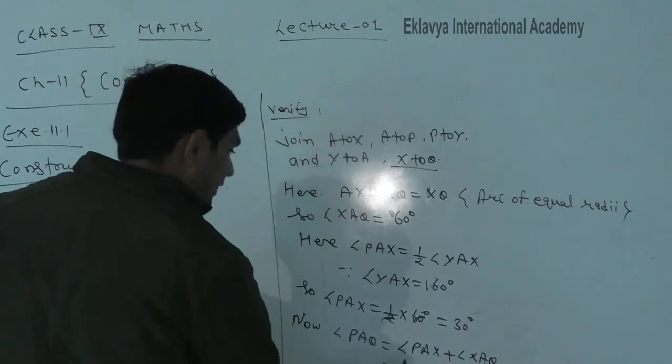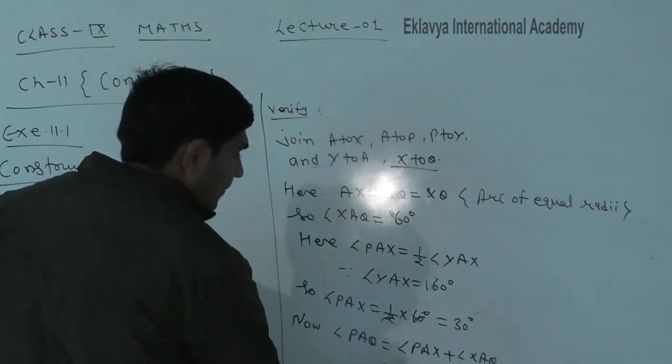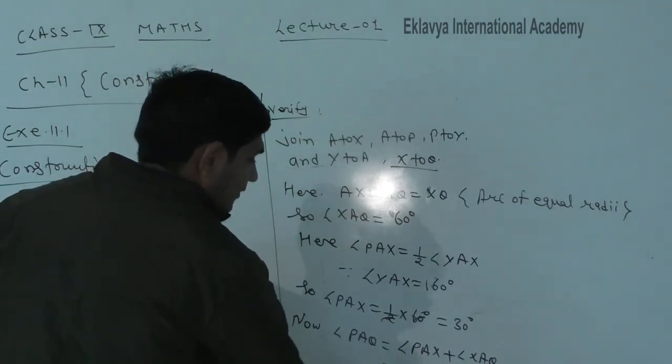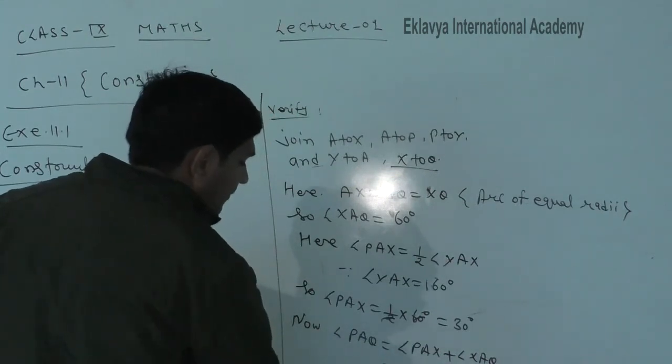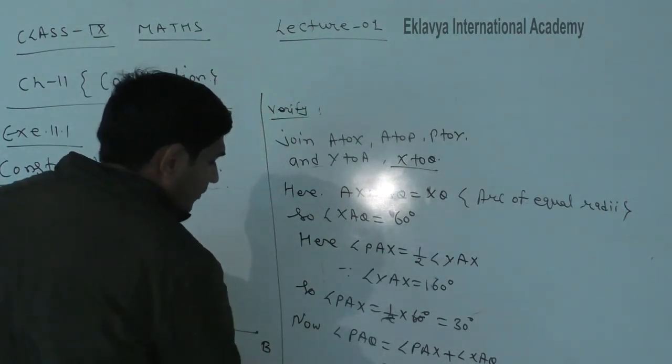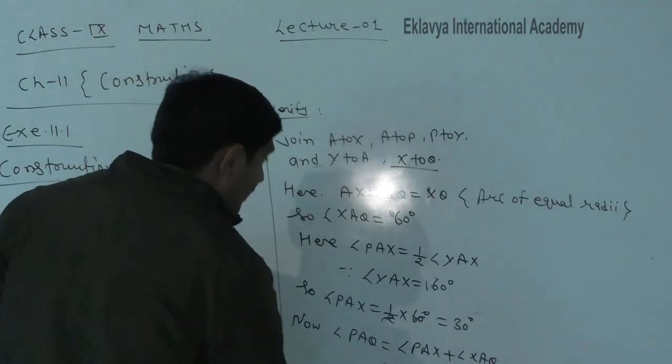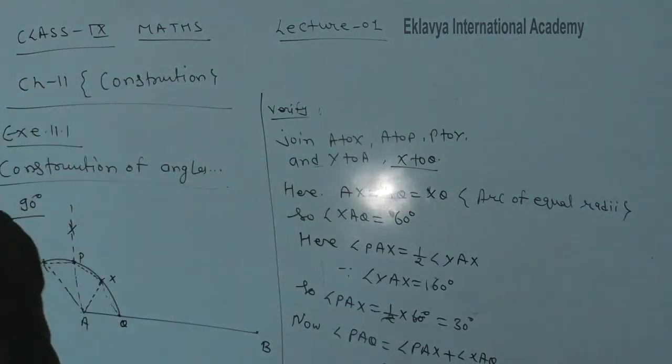What is the value of angle PAX? The value is 30 degrees, plus 60 degrees, that will come to 90 degrees. So angle PAQ is 90. So that is the verification of angle 90 degrees.